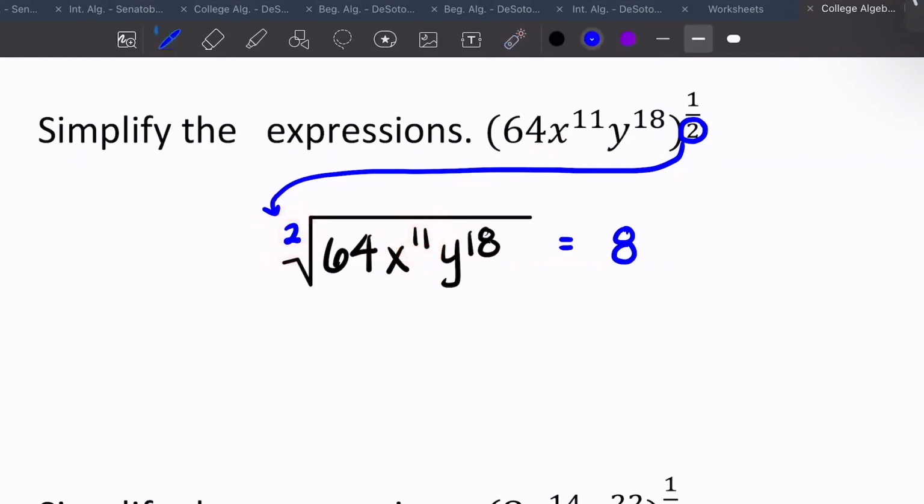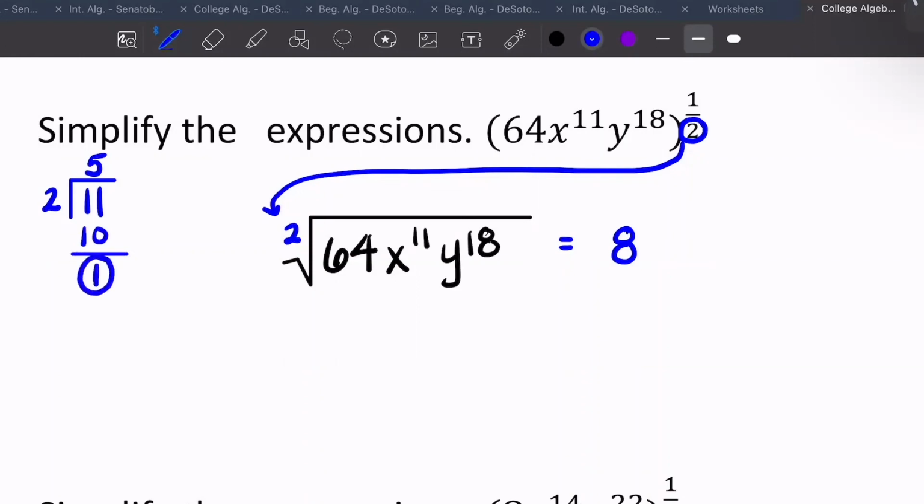So for x, we're going to do 11 divided by 2. Well, 2 goes into 11 5 whole times. So that gives us 10, and we have 1 left over.